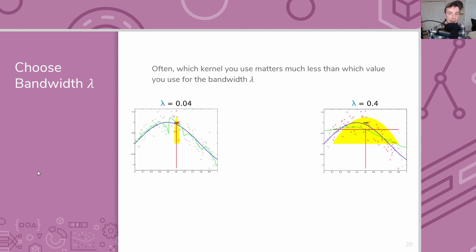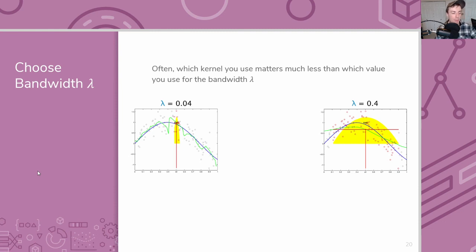On the right, I use lambda as 0.4. And you can see here with the small lambda, because I'm kicking out points that are even a moderate distance away, you get a much bouncier function. Whereas if you use a larger lambda, you get a much, much smoother and flatter function. The worst case is that if you make the bandwidth infinity, it's just the average of all of the points.